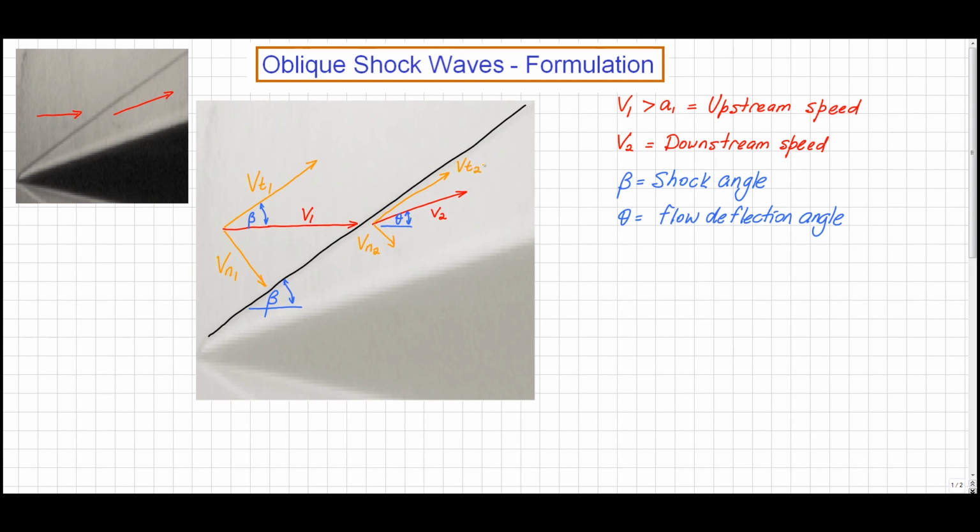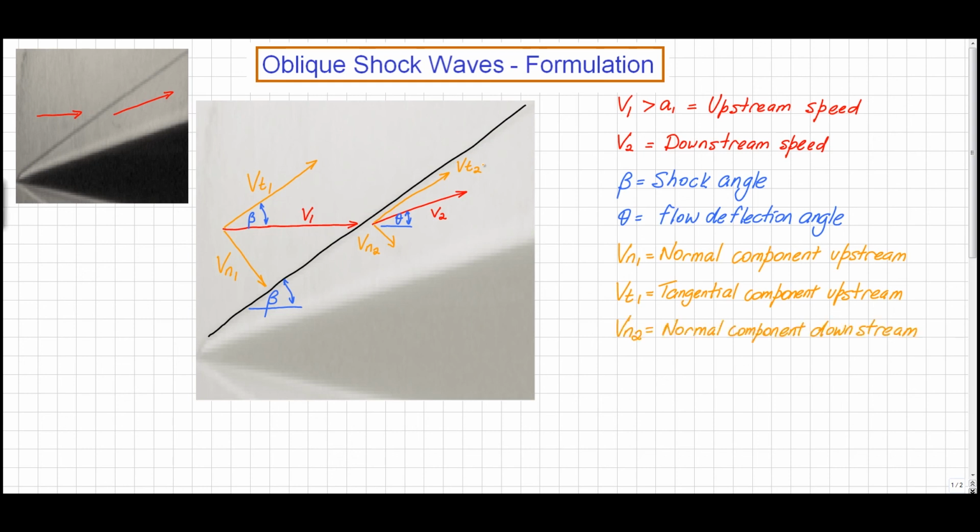So let's just add that notation to our right hand side. So vn1 is our normal component of the velocity upstream of the shock. vt1 is our tangential component of velocity upstream of the shockwave. And our components downstream, vn2 will be the normal component of the velocity downstream of the shockwave, and vt2 is the tangential component of the velocity downstream of the shock.